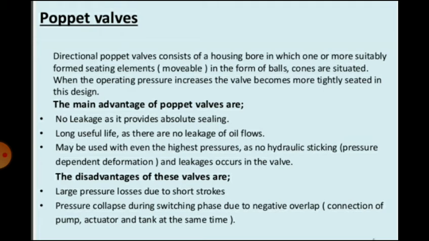The advantages of these valves: no leakage as it provides absolute sealing, long useful life as there is no leakage of oil flows, and may be used with even the highest pressures as no hydraulic sticking and leakages occur in the valve. The disadvantages of these valves are large pressure losses due to short strokes and pressure collapse during the switching phase due to negative overlap.